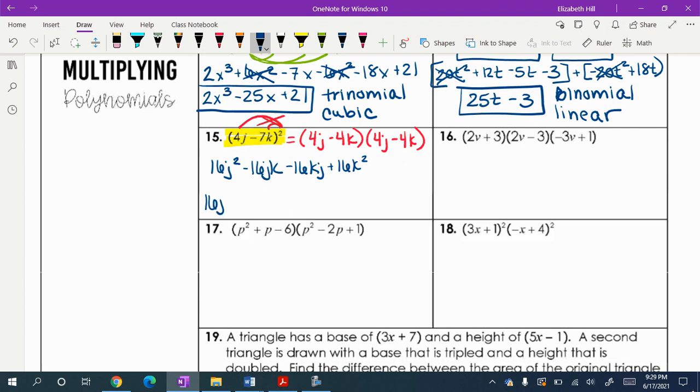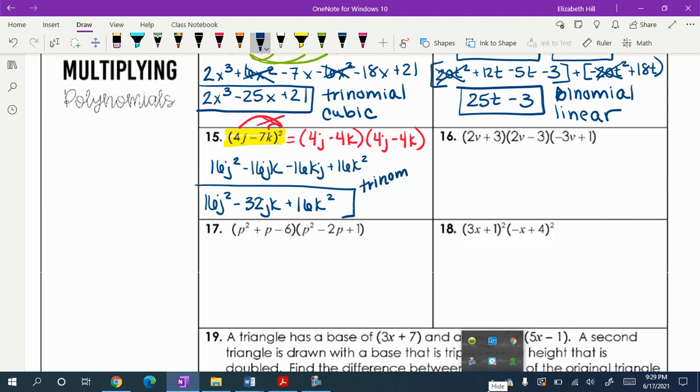We get 16j squared minus 32jk plus 16k squared. This right here is a trinomial. And the largest exponent that we do have right here is 2, whether we look at the k's or the j's. So this would be a quadratic.